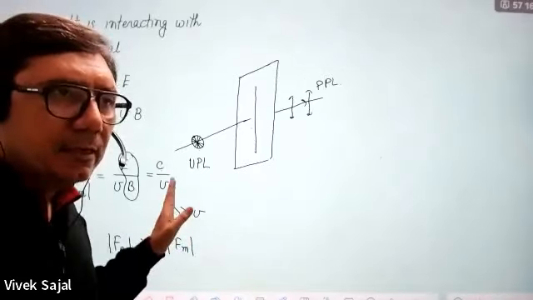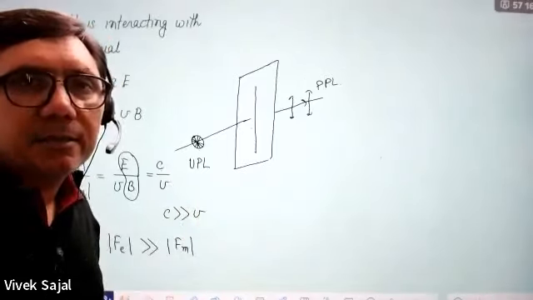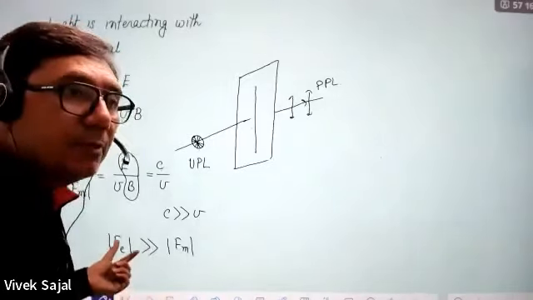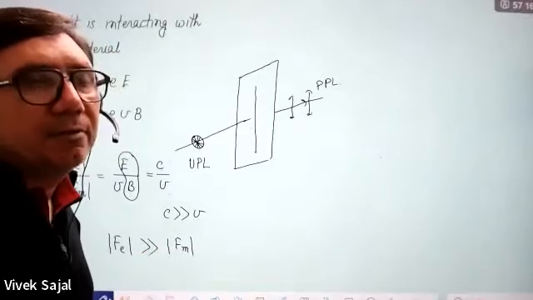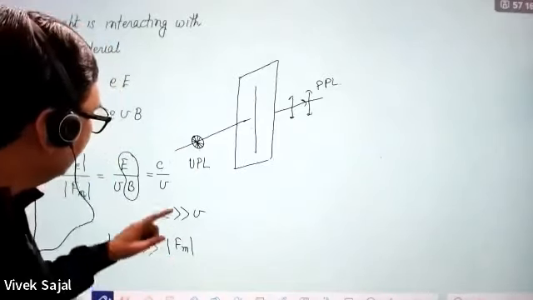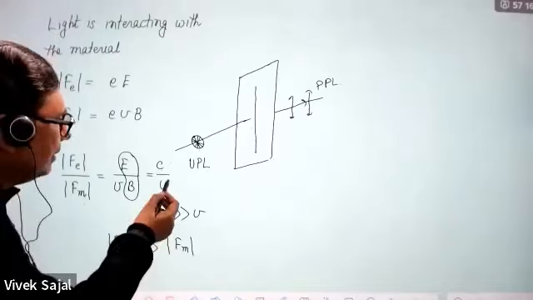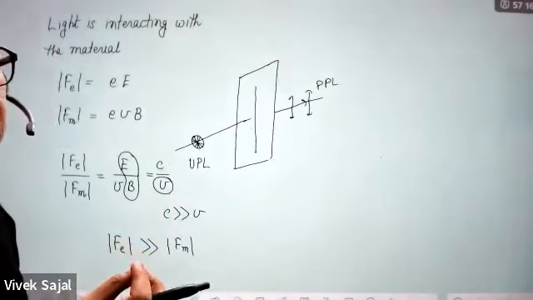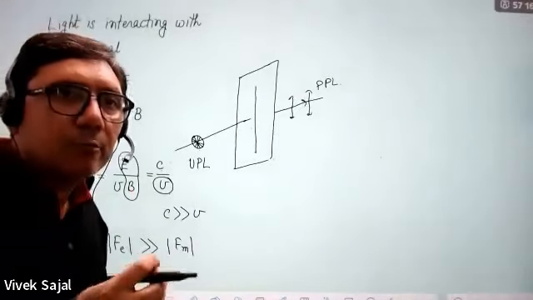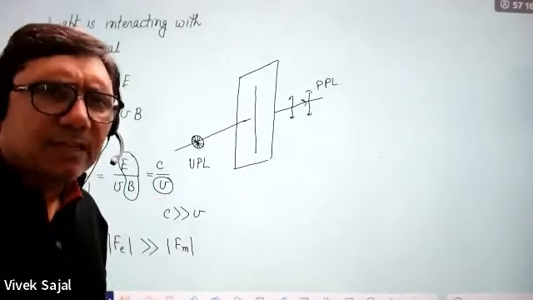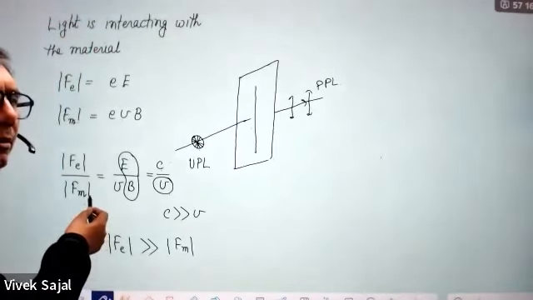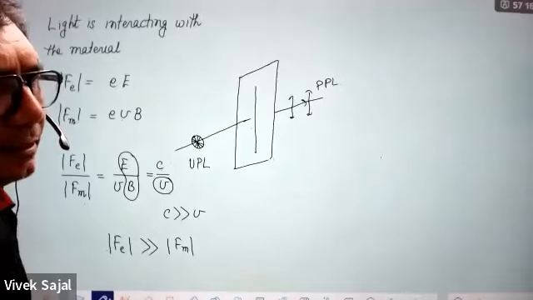But here, with the intensity we are working with, Fe is much greater than Fm. At very high intensity, the velocity of the electron becomes large. It starts becoming relativistic and approaching C. So this part becomes important only when the intensity is very high.